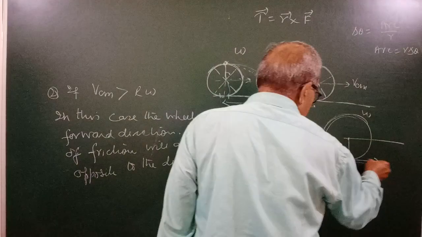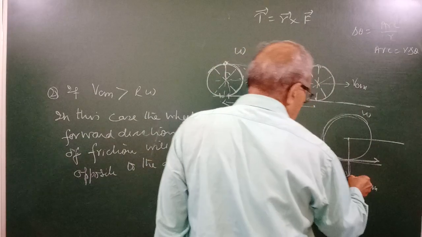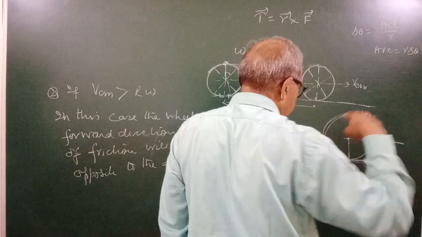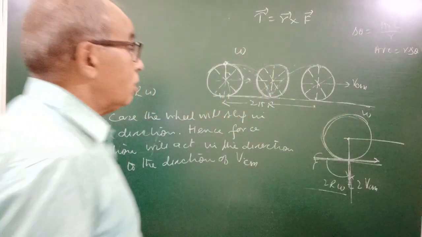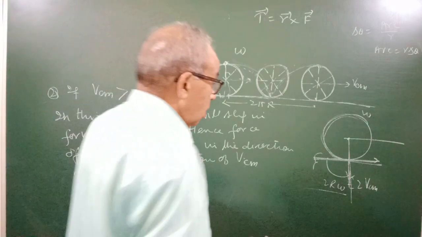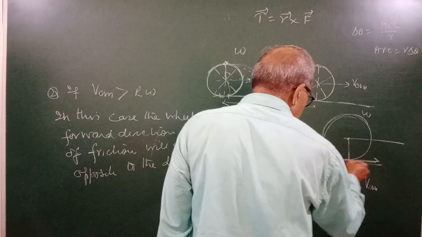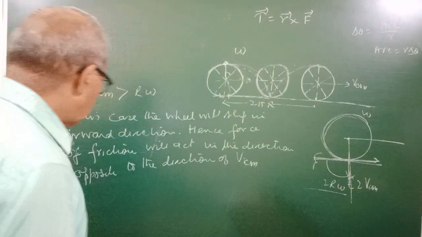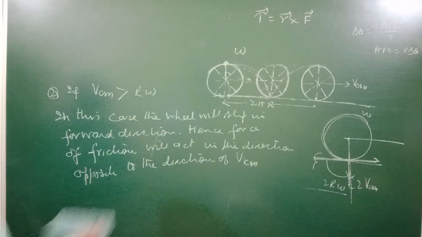So torque is produced here. Direction of R is this, F is this. So it will produce angular acceleration. And this force of friction retards the linear motion. The force of friction acts opposite to the velocity.